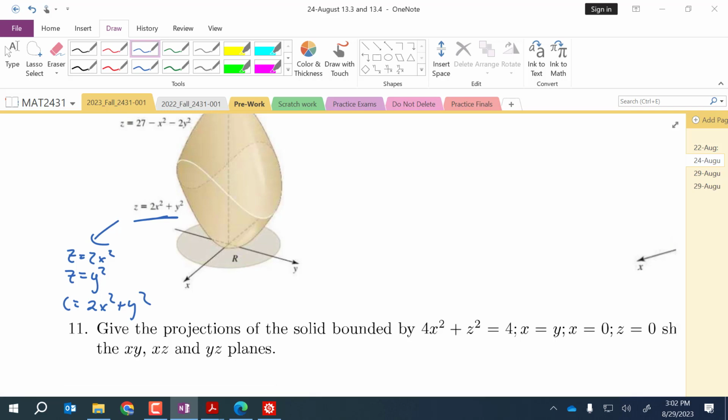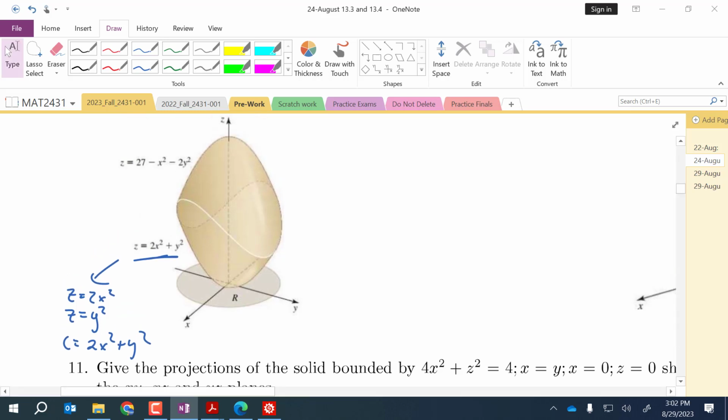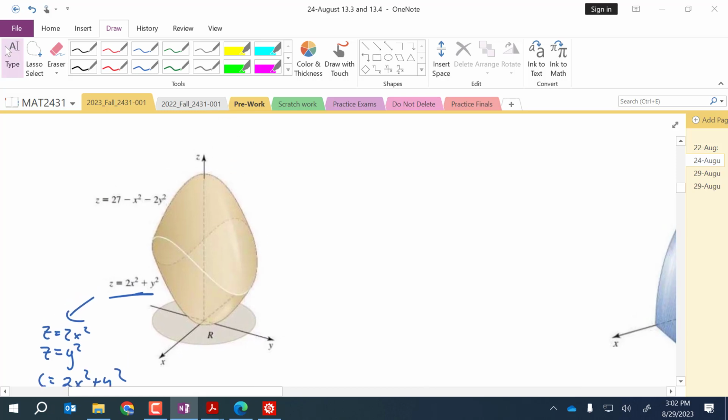So that's why it's an elliptic paraboloid. Okay? If you're worried about how to name it, I'll talk about that in a minute. I'm going to give you some hints. But this idea of looking at the traces is what you did last night. Okay? Likewise, this is also an elliptic paraboloid, except this one's inverted. And so we've got two elliptic paraboloids meeting one another. Okay? You didn't know that until last night, but now you do.